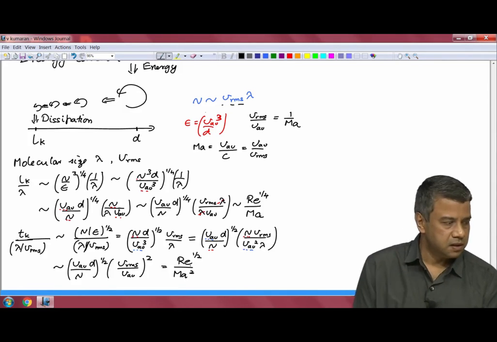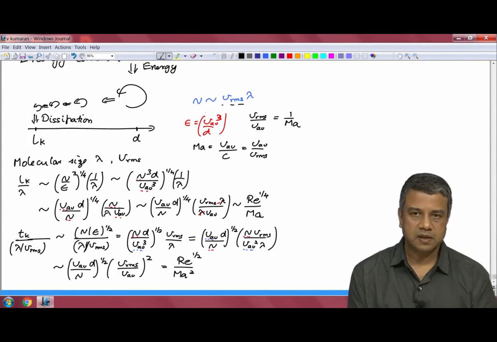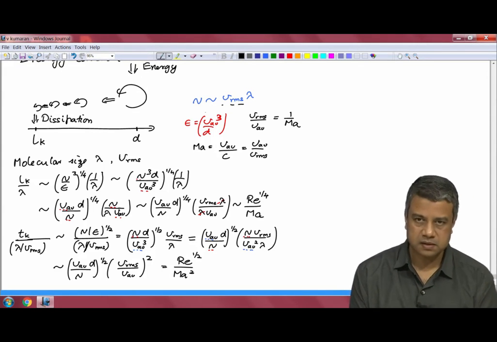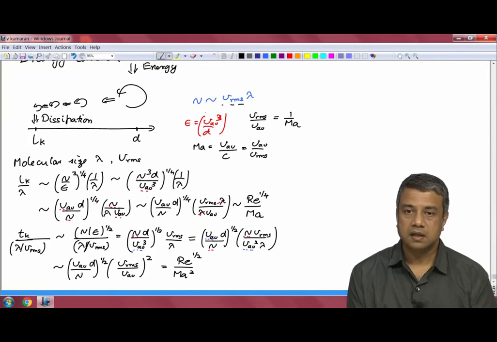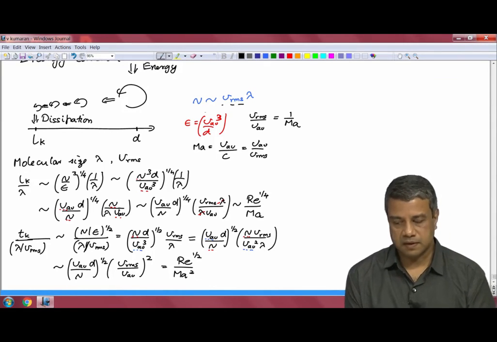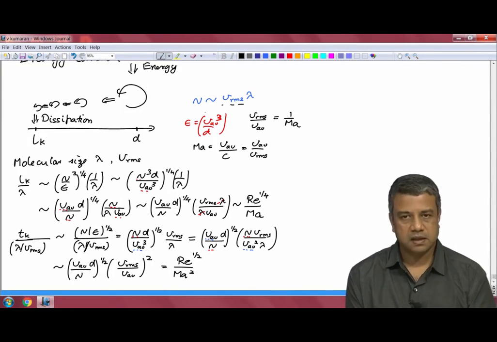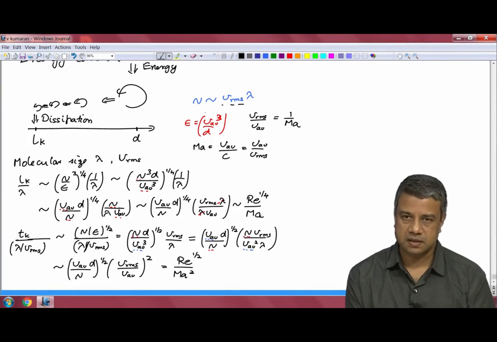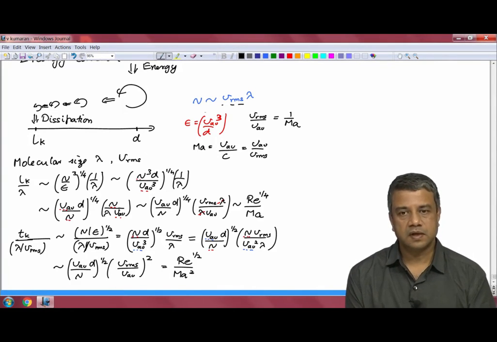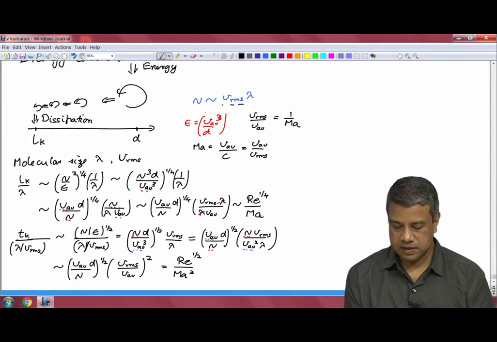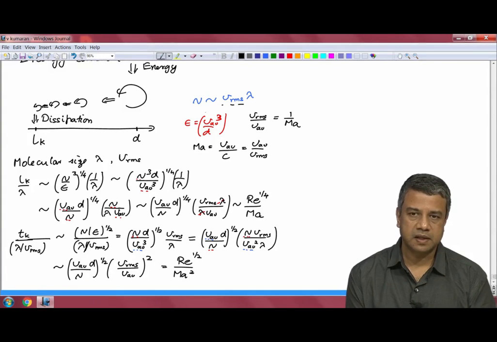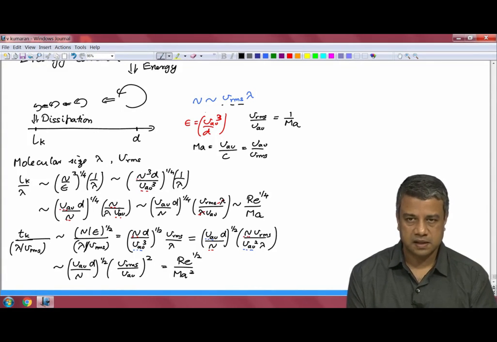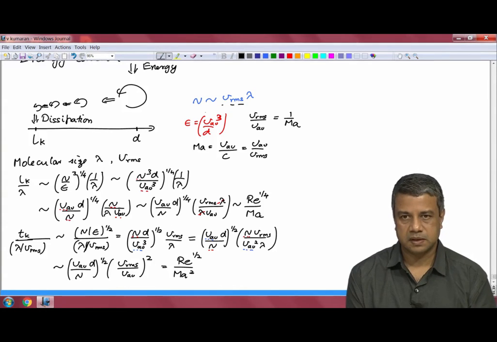In the limit where the Mach number is small and the Reynolds number is large, this is also a large quantity. Therefore, for incompressible gas flows, I have shown you that the Kolmogorov length by the mean free path is always a large number. Similarly, the Kolmogorov time divided by the molecular characteristic time scale is a large number.